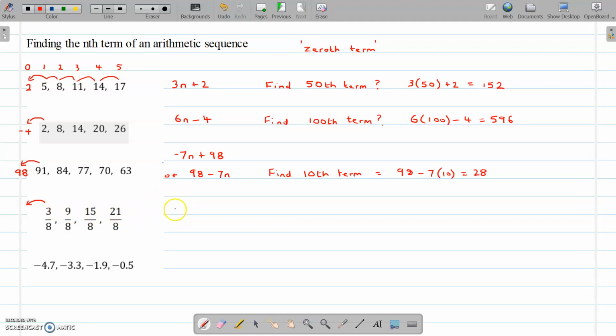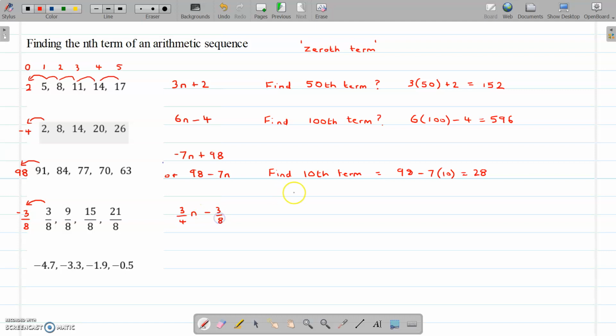So it's going to be 3/4 of n. I simplify the fraction. But what's the 0th term? Well, if we go back 3/4 or 6/8 from there, we would be at minus 3/8, wouldn't we? Negative 3/8. So that's the nth term rule for that one.